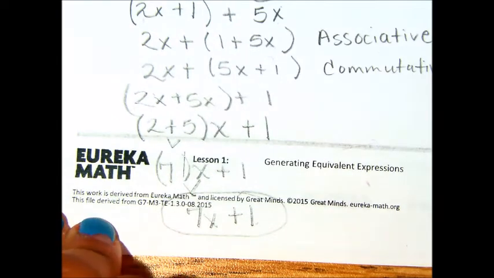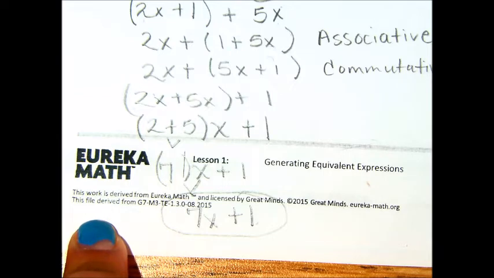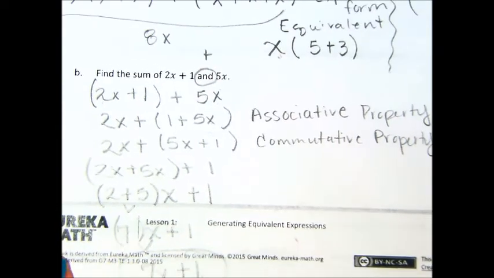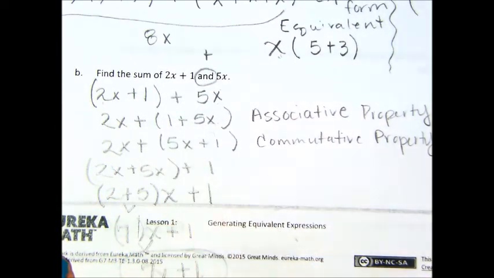Let's do some checks for understanding. Why do we use the associative and commutative properties of addition? Hopefully you said we reordered the terms in the expression to group together like terms so they could be combined more easily. The associative property tells me that I can regroup terms inside and outside the parentheses.